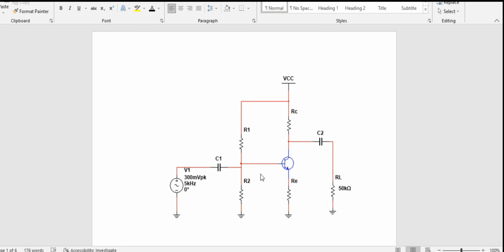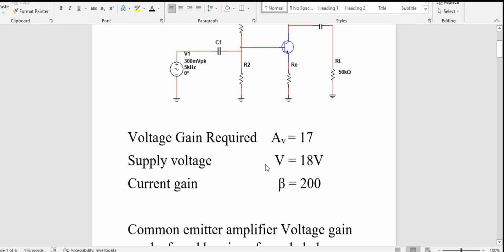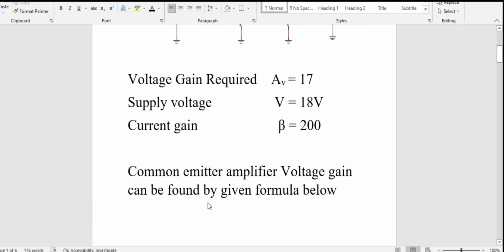The voltage gain is equal to 17, and the supply voltage I have assumed is 18 volts, and I have built the circuit using these voltages. Current gain I took as 200.